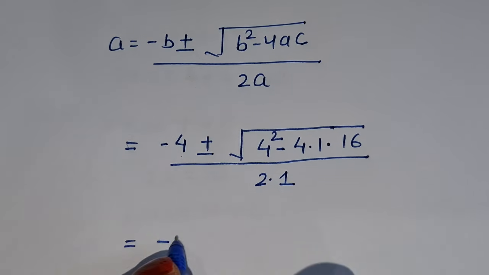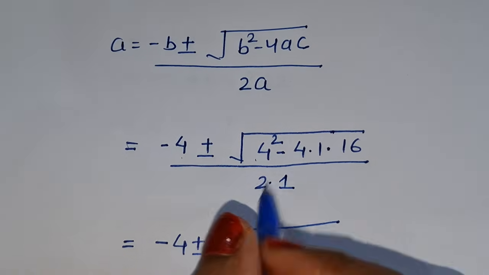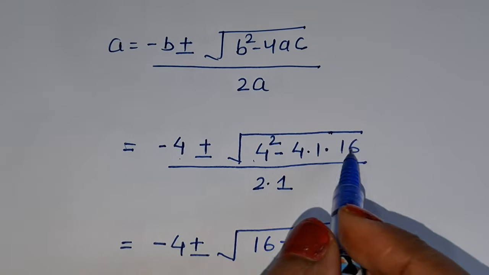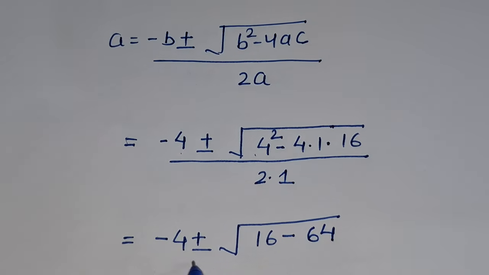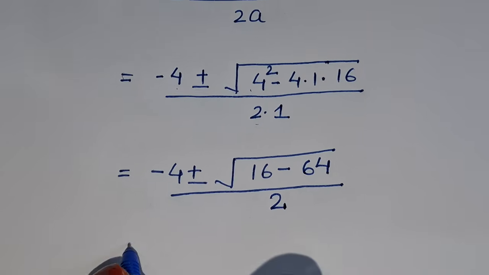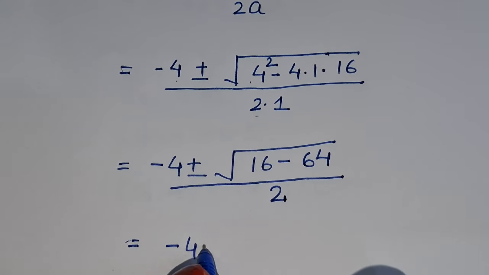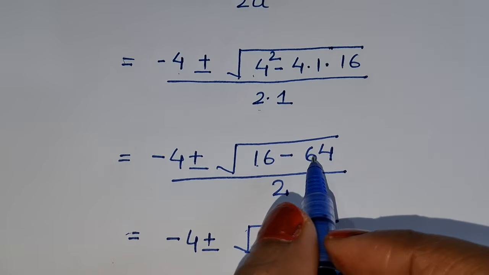Now a is equal to minus 4 plus minus square root of 4 square is 16, minus 16 times 4 is 64, divided by 2 times 1 is 2. Now a is equal to minus 4 plus minus square root of 16 minus 64.